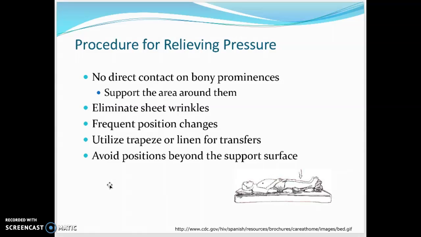And sometimes some hospital beds have a trapeze where a patient can reach up with their arms and use their arm strength in that way with a trapeze to move themselves in the bed.